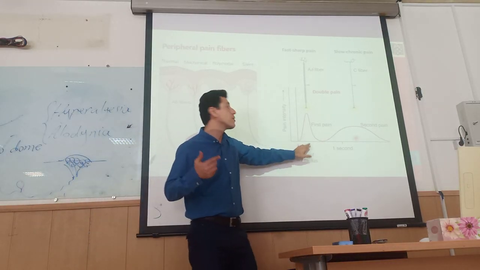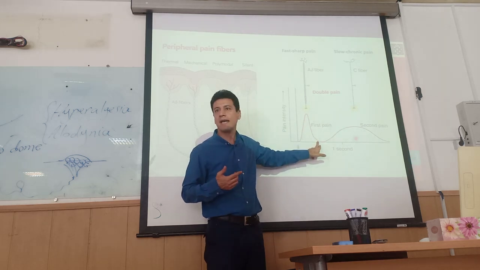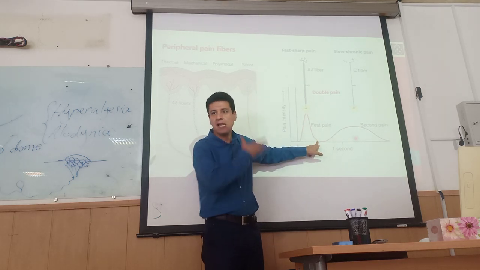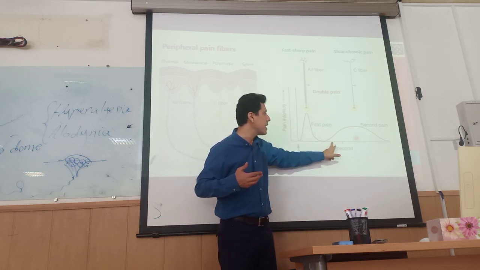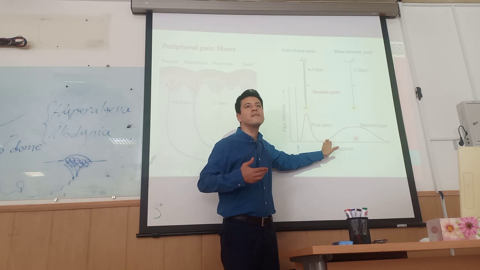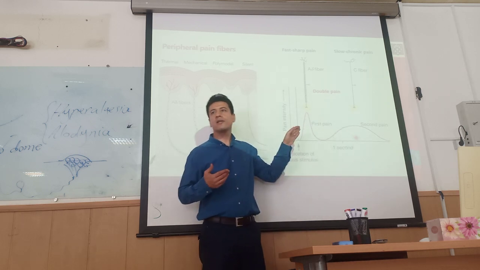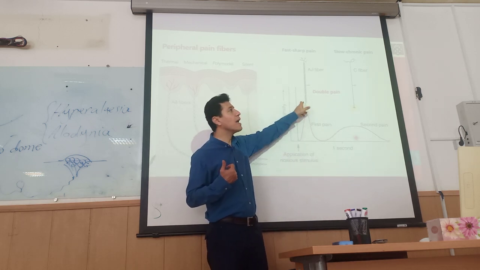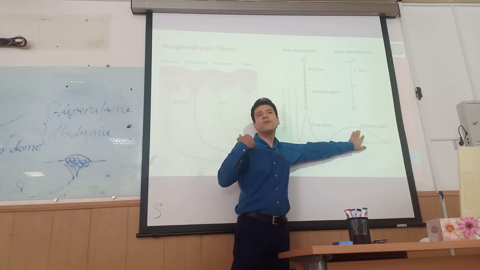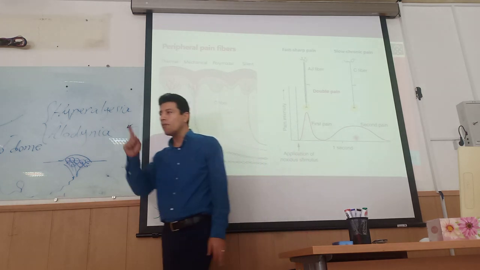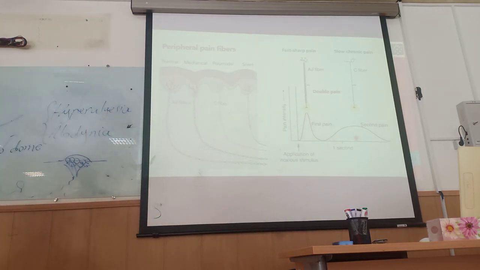The CNS first receives a very fast action potential, and after some milliseconds or some seconds, it receives another signal. The first signal is received through A delta fibers. The second signal comes through C fibers. So there is one painful stimulation, but you feel two pains. A fast pain and a slow pain.